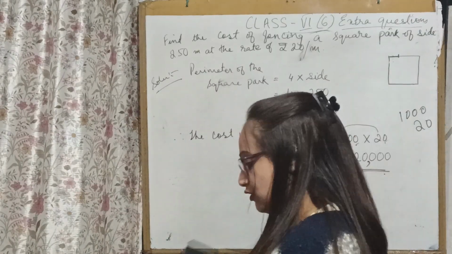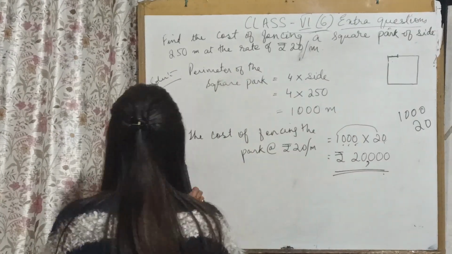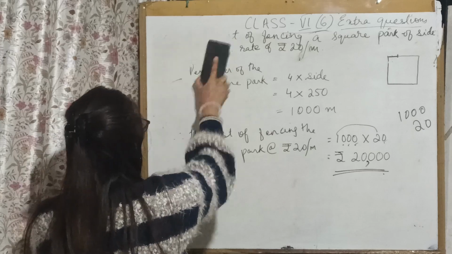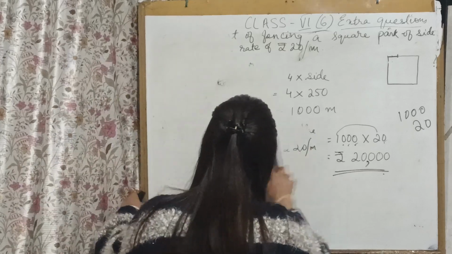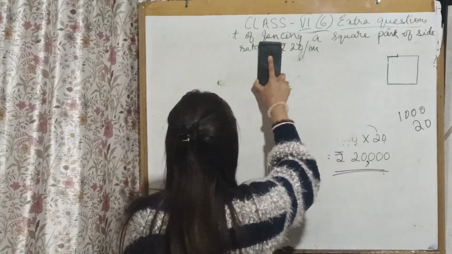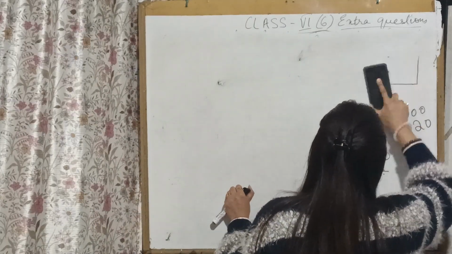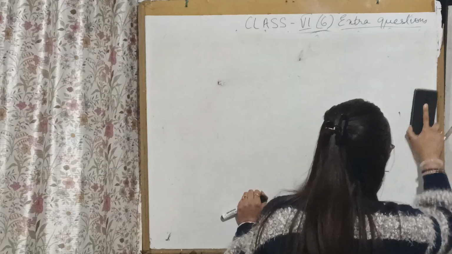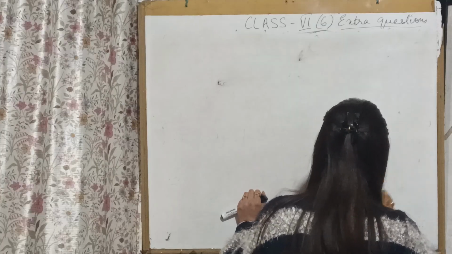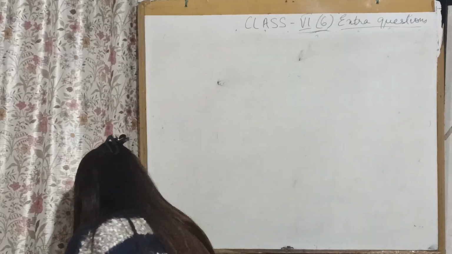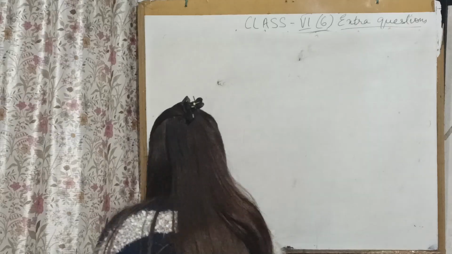So a last sum for this video. Wait. Hey, don't go away. This sum is easy, but some students make a silly mistake. So I'll show you. I'll point out where the mistake you make every time.